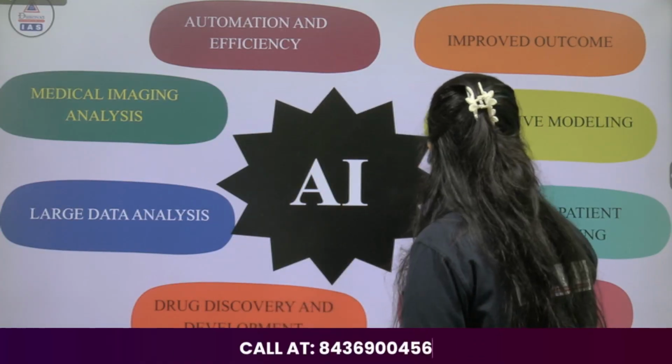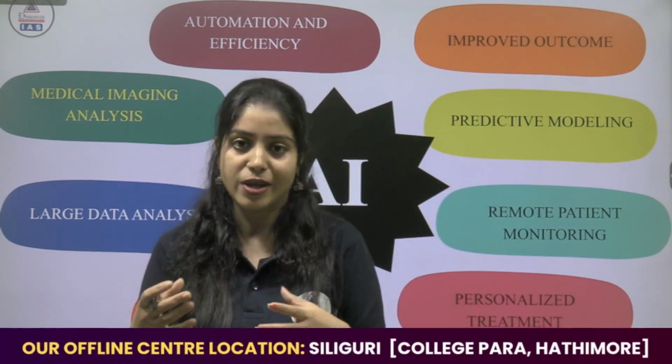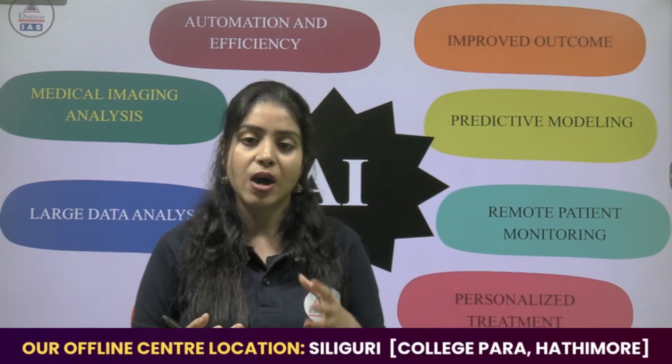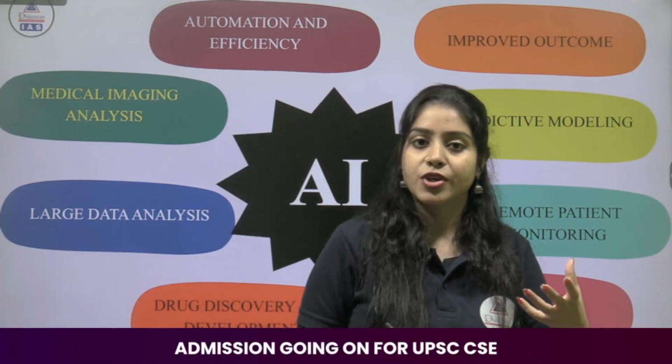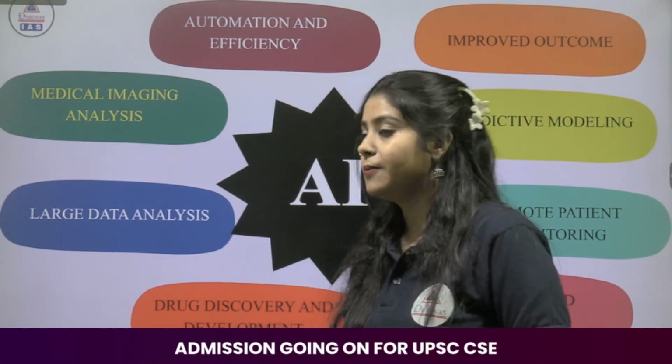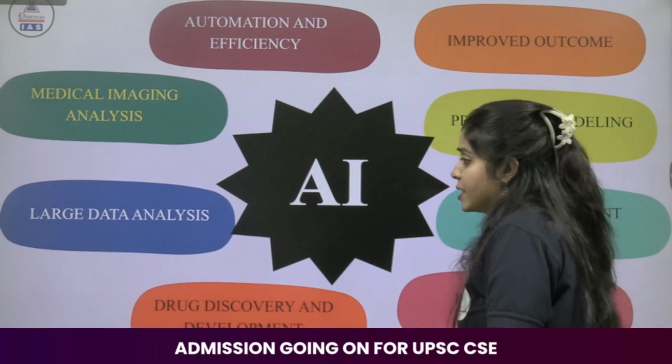Next is improved outcome. Obviously, it removes the human error that may lead to harmful effects of treatment or the use of drugs on patients. So next is predictive modeling.